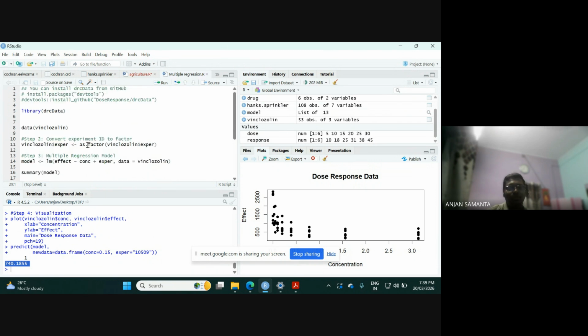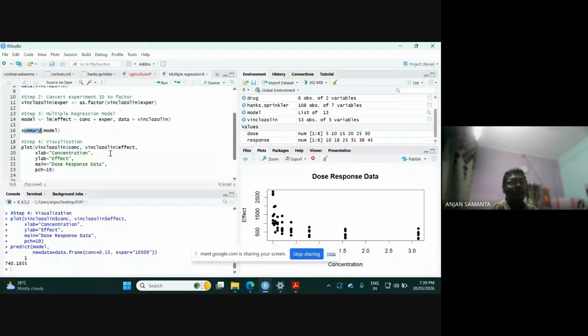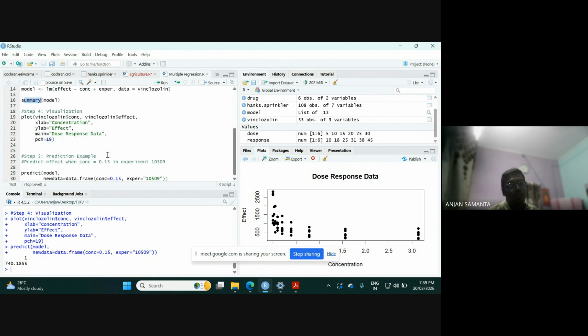So R has built-in functionality like this lm and summary, with which you can do the analysis easily without much knowledge of programming. You can just use basic features and keywords, which will help you to do the analysis.